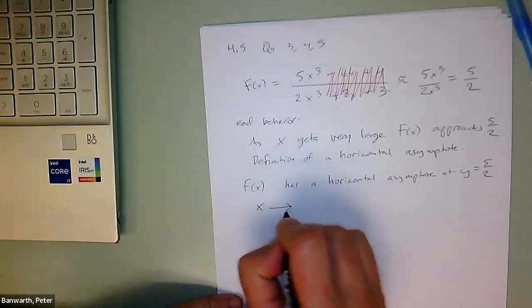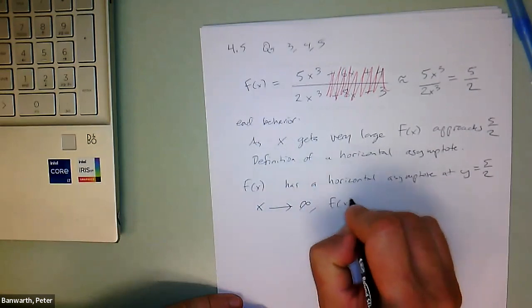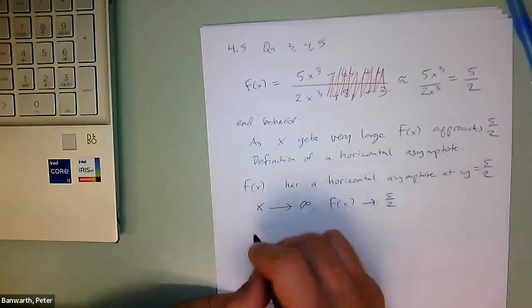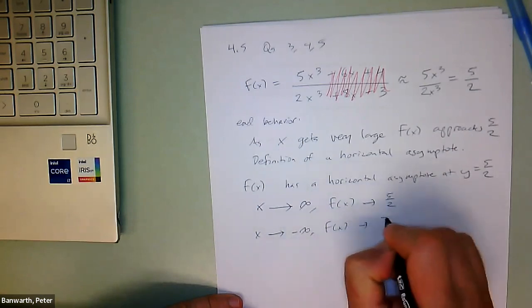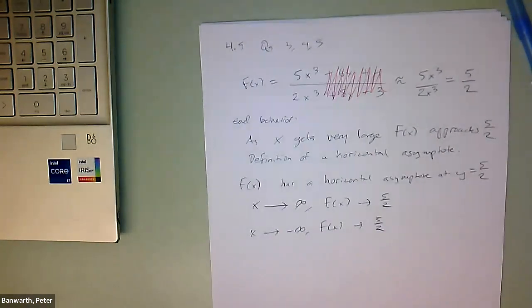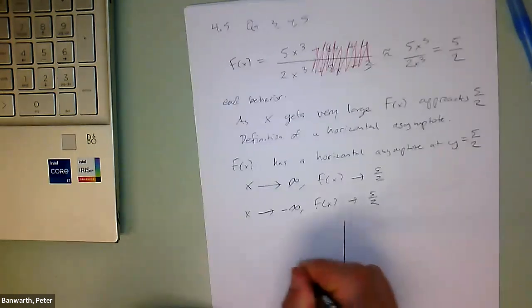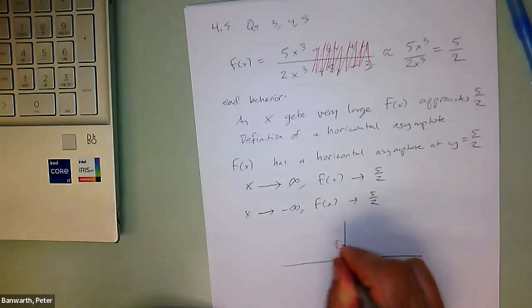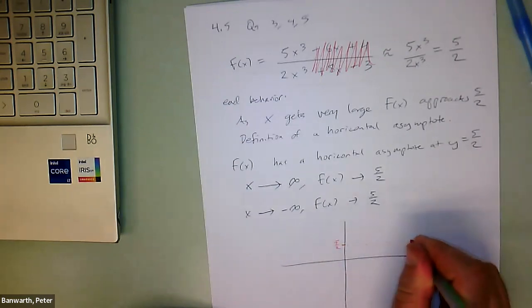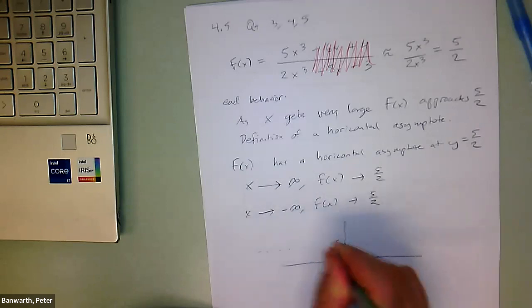We can also say as x goes to infinity, f of x goes to 5/2, and as x goes to minus infinity, f of x goes to 5/2. So if I were to sketch this, I might pick my point 5/2 and put a horizontal asymptote in there.